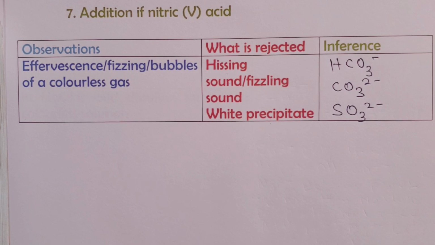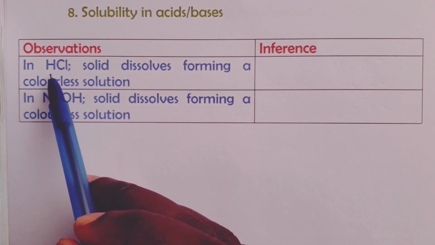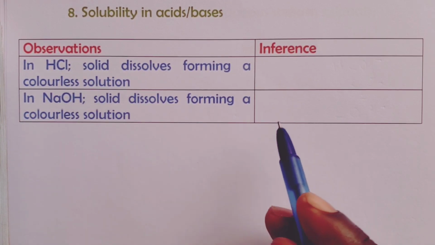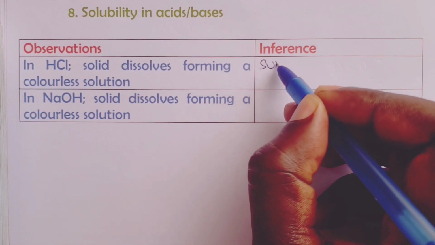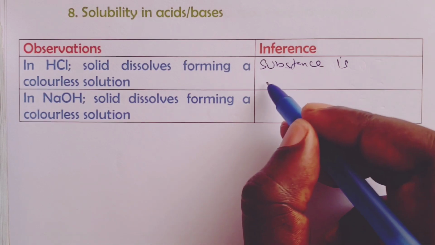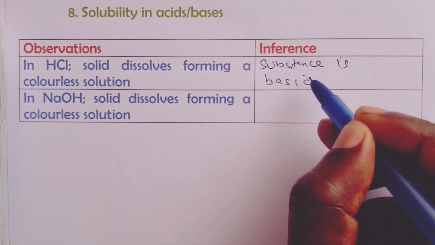to a situation where we are told to dissolve our solid in either hydrochloric acid or sodium hydroxide. Remember, hydrochloric acid is an acid and sodium hydroxide is an alkali. So if in hydrochloric acid your solid dissolves forming a colorless solution, our inference would be that the substance you are provided with is basic.